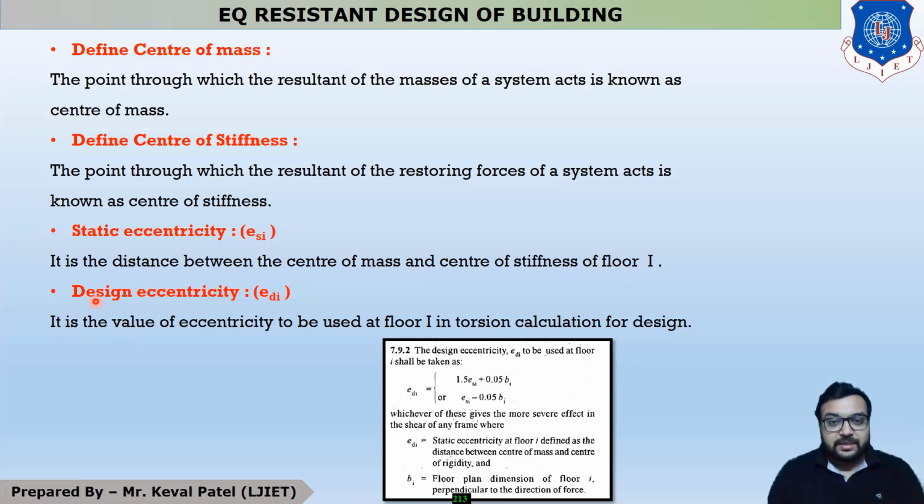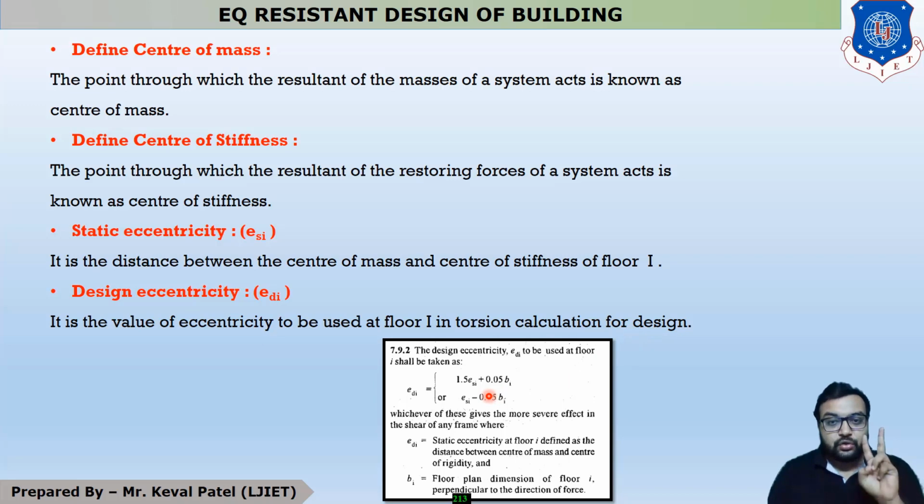And the last definition is design eccentricity. Design eccentricity is some value, and the equation of design eccentricity is given in the IS code. It is the value of eccentricity to be used at floor i in torsion calculation for design.